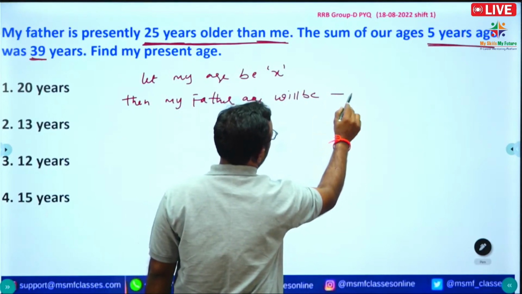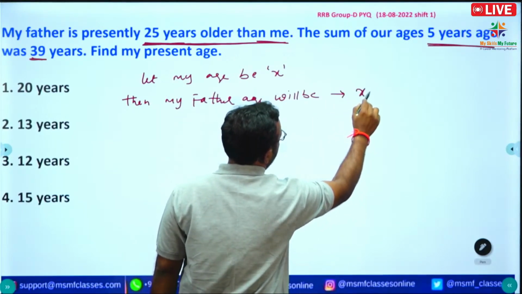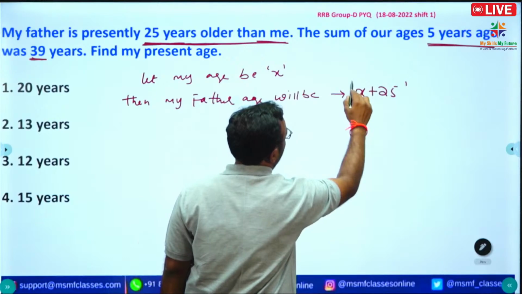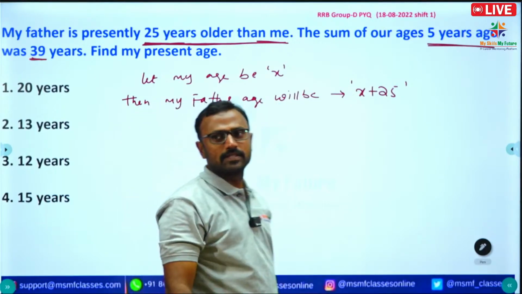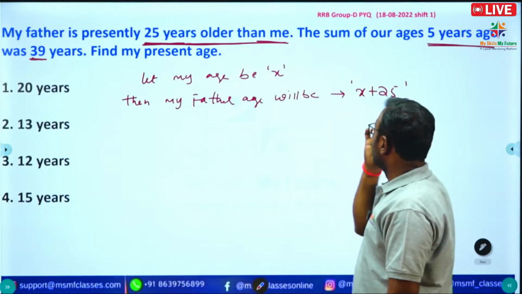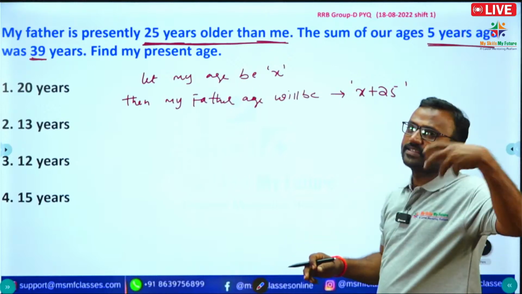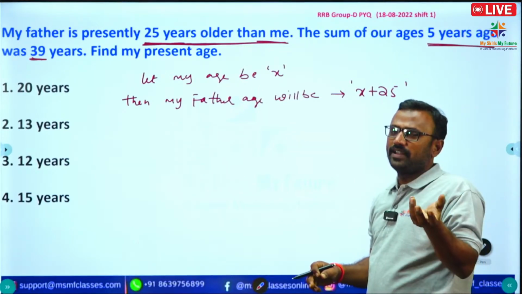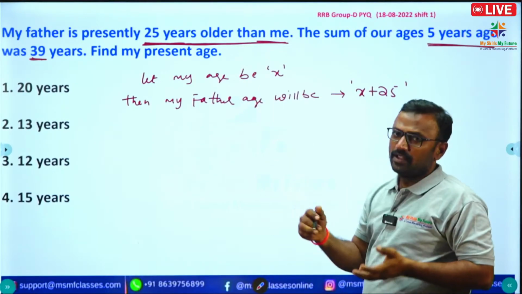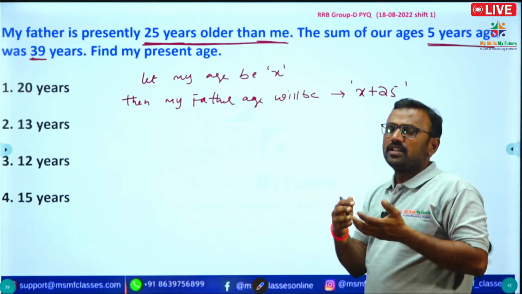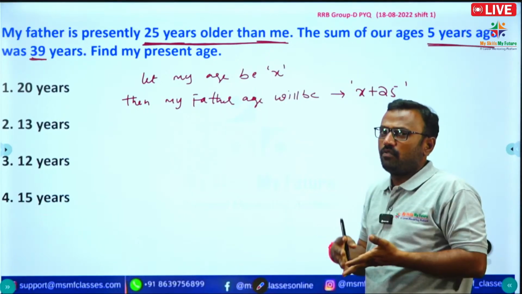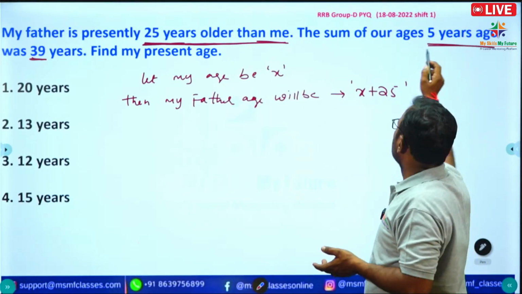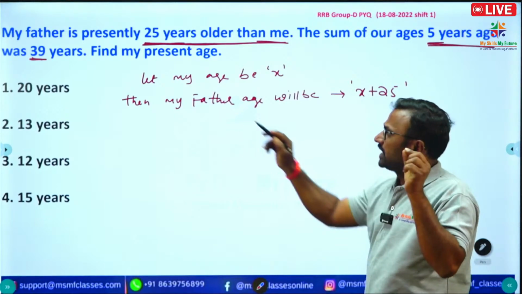So according to the question, my father's age is x plus 25. The sum of our ages 5 years ago is 39. So what will the sum of our ages be now?